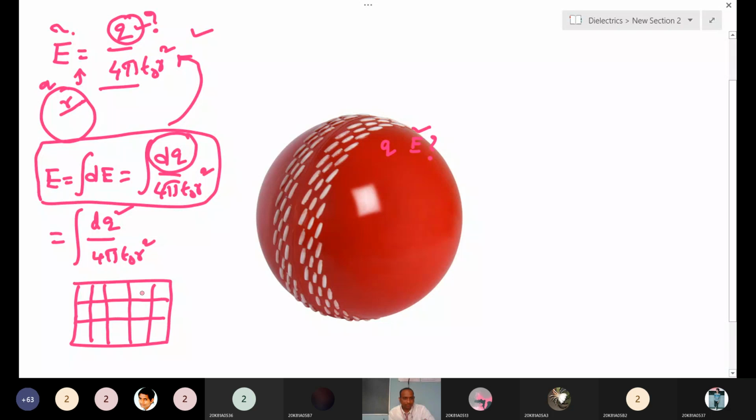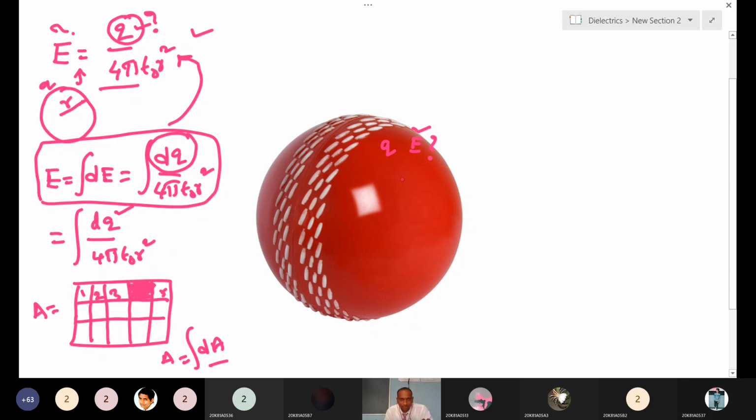Instead of counting all the boxes, 1, 2, 3, 4, and summing them, you take a small area and integrate it, and you will get the total area of the rectangle or any shape. Counting all of them is difficult, so you take the small area and integrate it to get the full area.